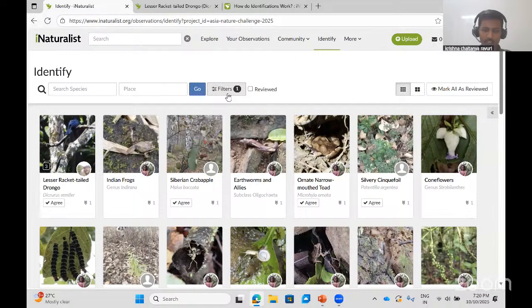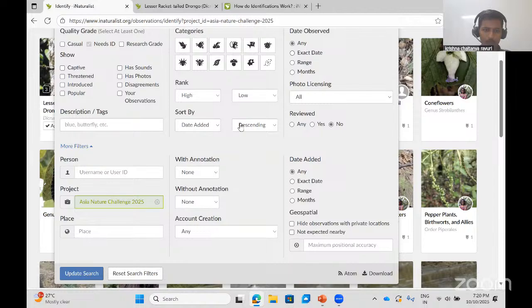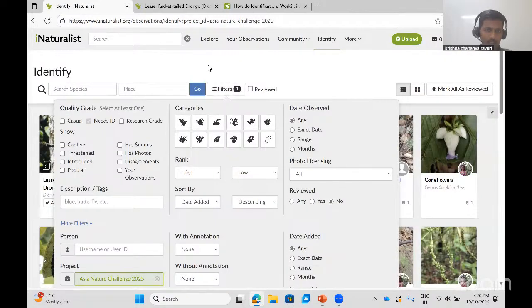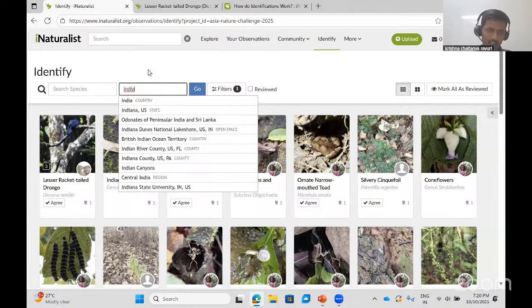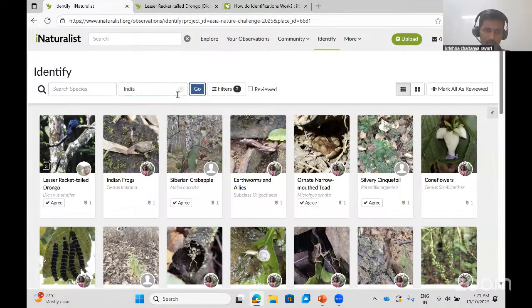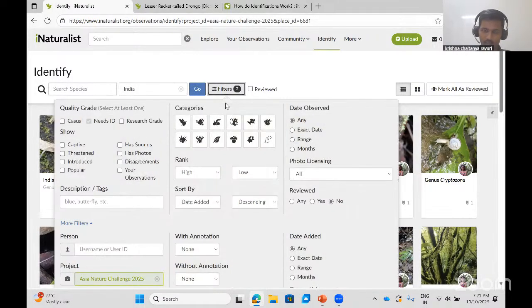And yeah, let's see. What do we filter by? So first you could pick a place. Place will make things simpler. This is all over Asia, and most of the things I'm not familiar with. If you are familiar, you could go ahead, but I'll filter India so that I'll have some more context of the things.